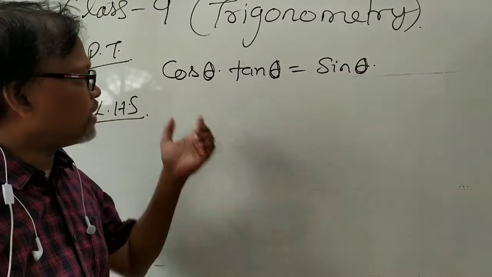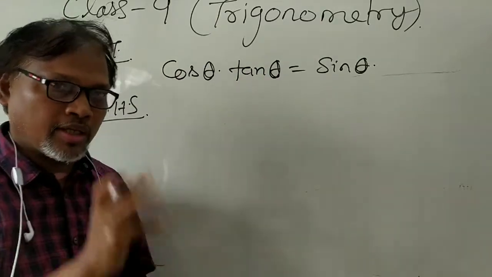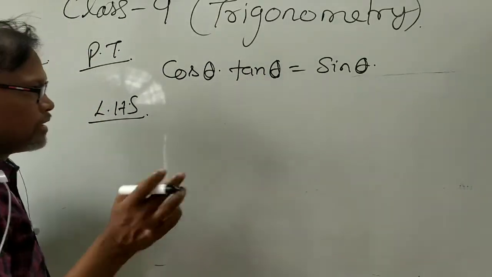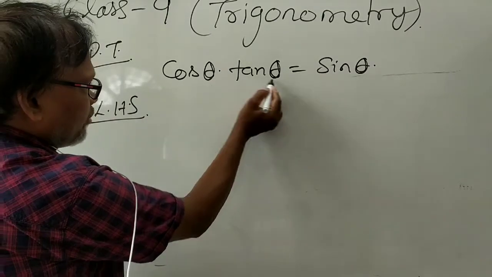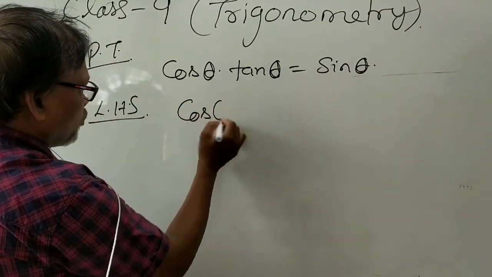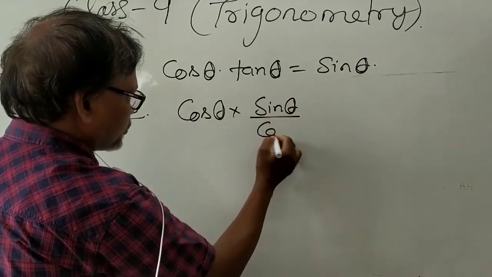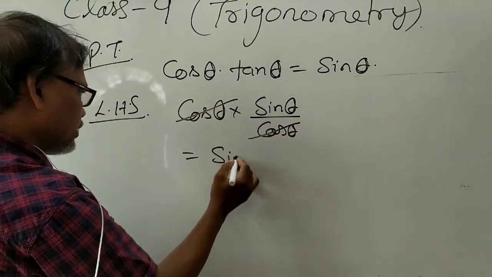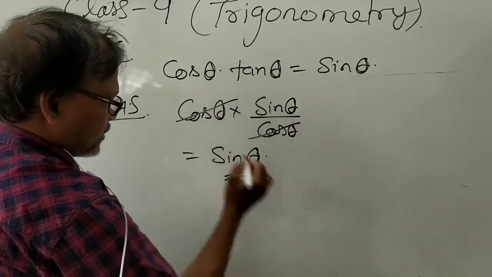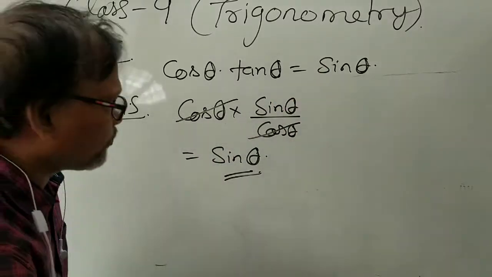Do you know the formulas of all the trigonometry? That is the 26 formulas I told you in the earlier video. In the left hand side put the value of tan theta, that is sin theta upon cos theta, and cos theta cancels, directly you will get sin theta. This is the answer, equal to the right hand side. It's very simple.